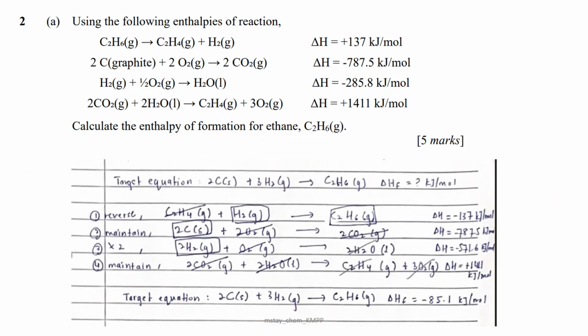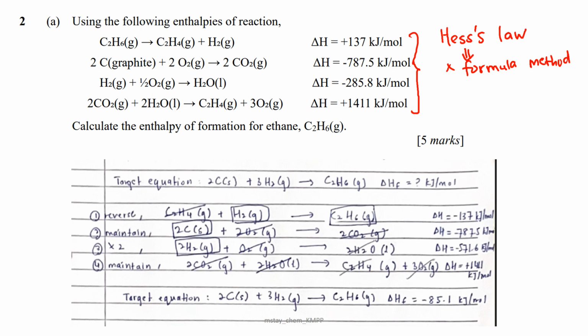Okay, let's continue with question number 2. When you are given a series of thermochemical equations, basically we understand that we are going to apply Hess's law. But we are not going to use the formula method because not all the thermochemical equations given here are enthalpy of formation.